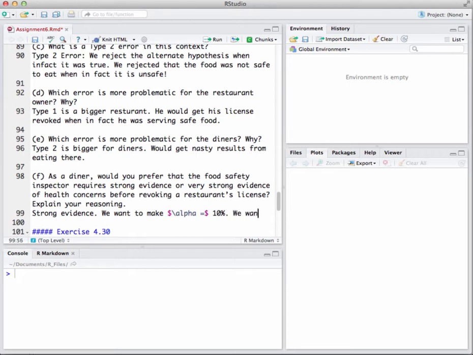We want to make the chance of type 2 error as small as possible. And the type 2 error, just so we remind ourselves, that's beta.